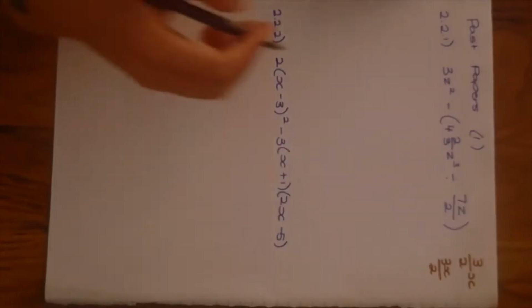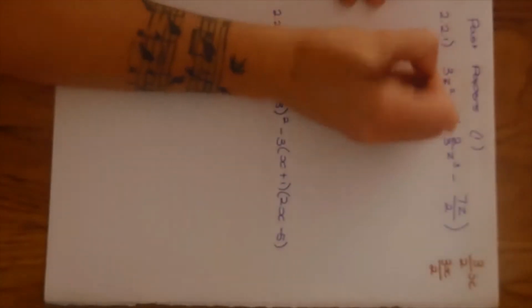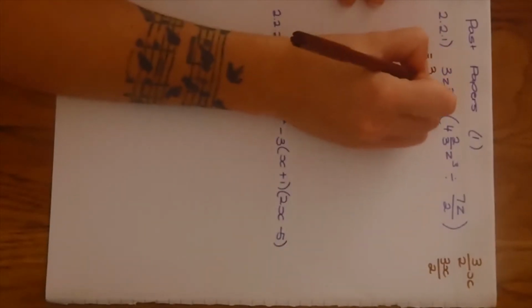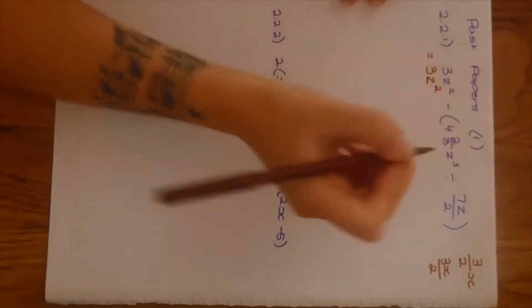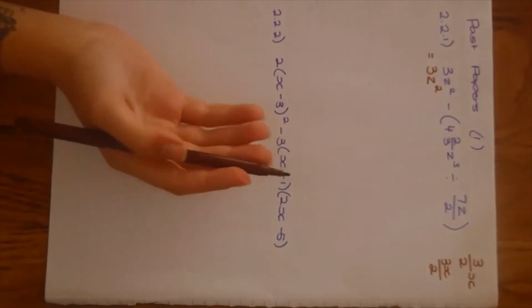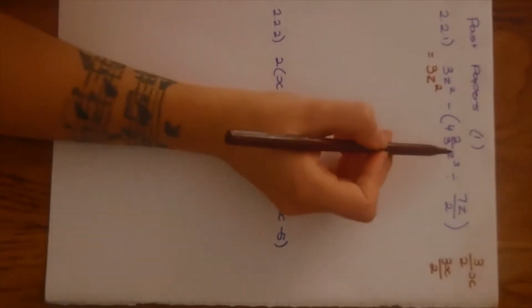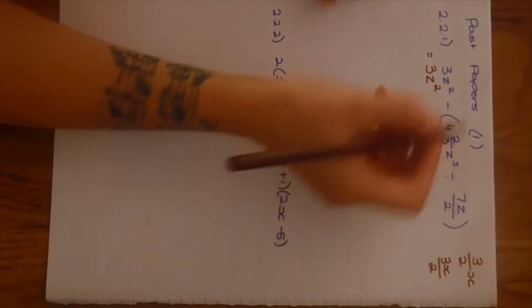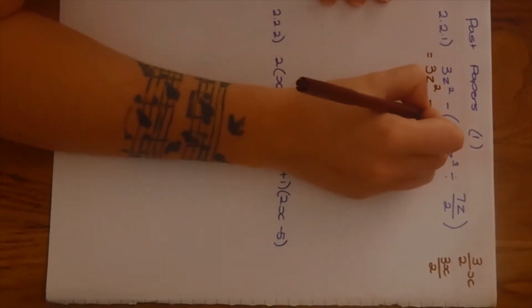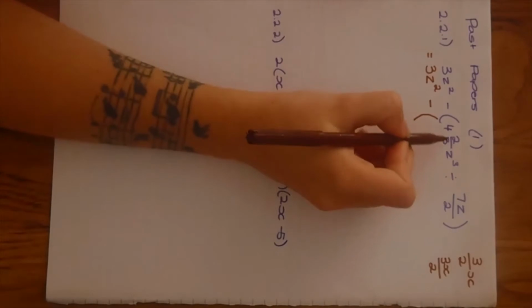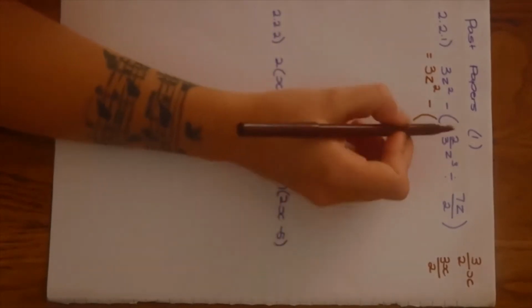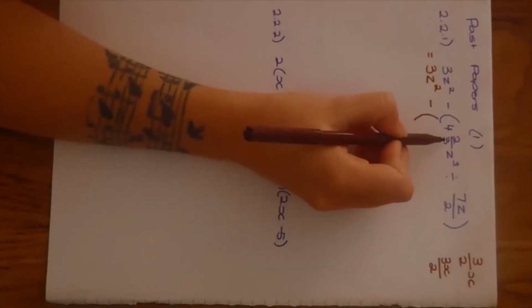Okay, so the first thing is, if you look over here, this 3z squared, we're going to leave it like that. And remember, with BODMAS, you always do the brackets first. So I'm going to rewrite this nicely. Remember, we did this in that extra class, that Saturday class. First of all, if I want to change a mixed fraction, I times it by the bottom and I plus the top.